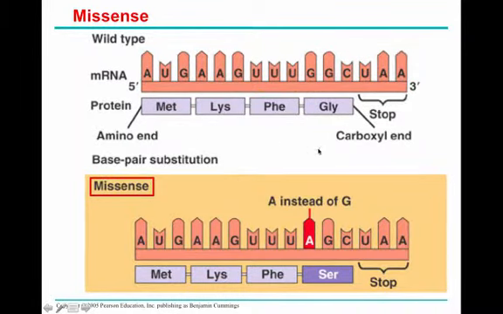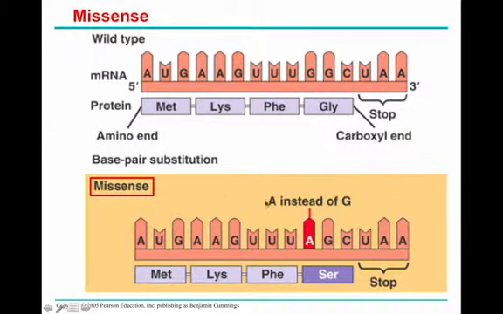So there are different kinds of point mutations depending on what happens with the amino acid sequence. Here we have our wild type mRNA, the normal mRNA, I guess you could say. And as a result of the mRNA sequence, we have these 4 amino acids.